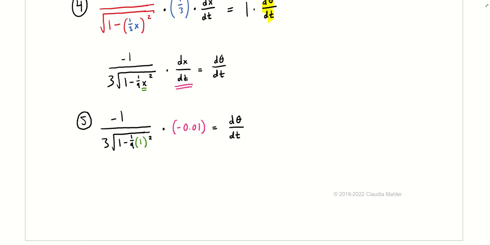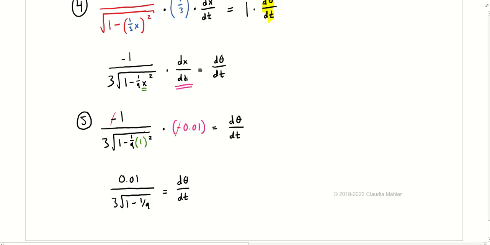Okay, so let's see. How can I simplify this a little bit further? This negative and this negative are going to cancel each other out. That's going to give me, I'm going to put this 0.01 on my numerator, 0.01 over 3 times the square root of 1 minus, well, 1 squared is 1, so that's just going to end up being 1/9 equals d theta dt.